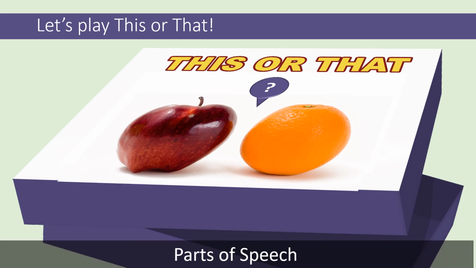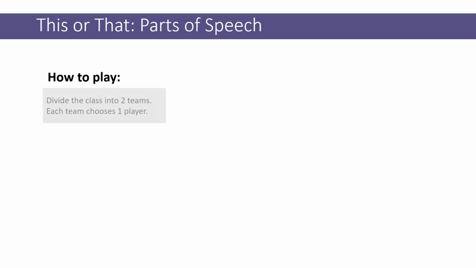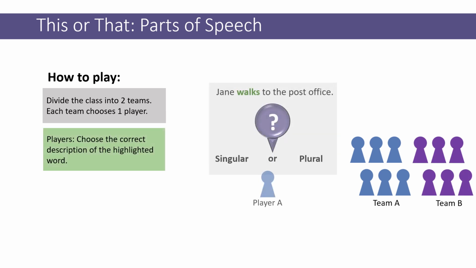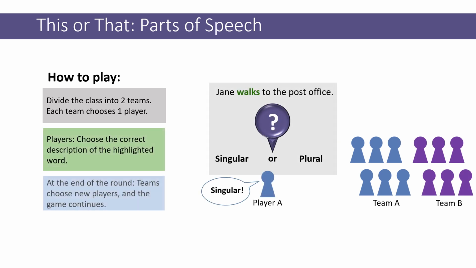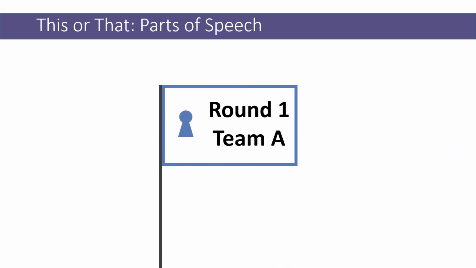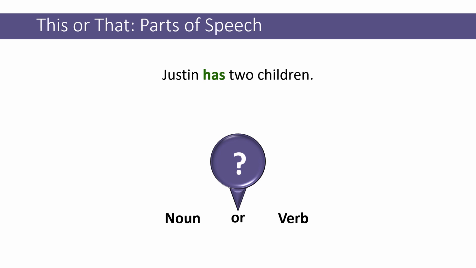So let's play a little game here, looking at the parts of speech. If we look at this one, we need to decide, is the word in green a noun or a verb? So in this one, has is a verb.